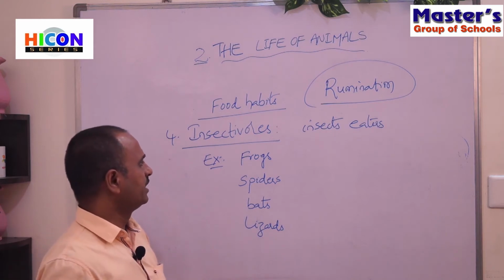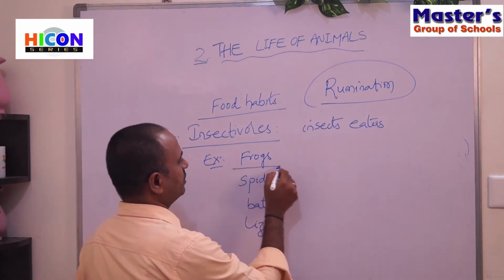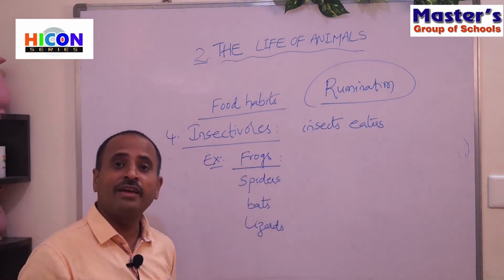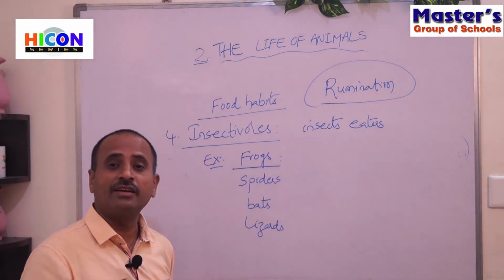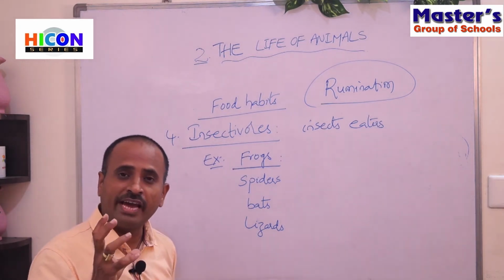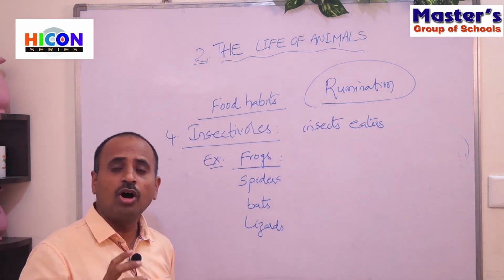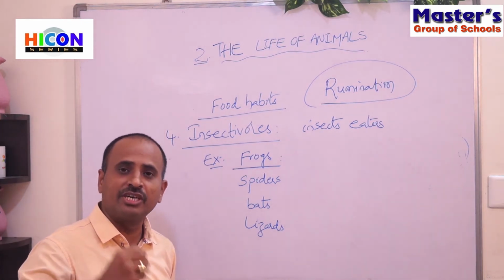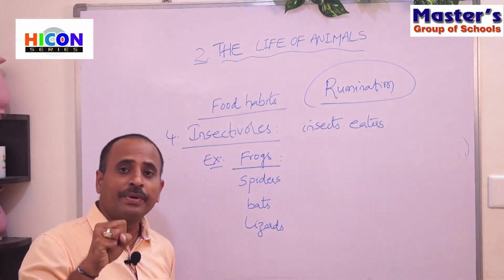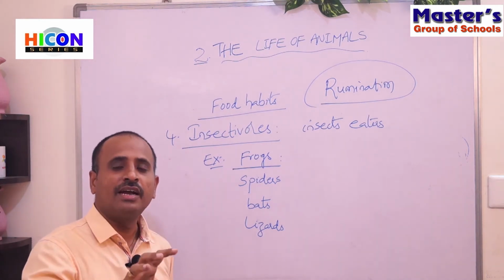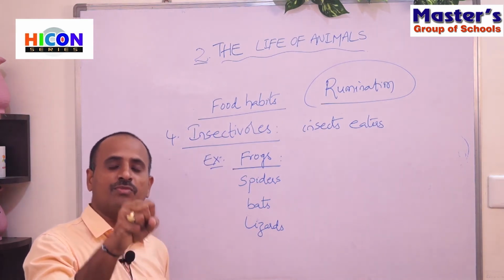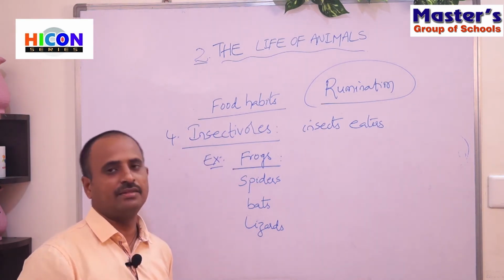Especially frogs have a tongue which is very sticky. If they want to catch the prey, they move out their tongue with a jerk towards the prey. The prey sticks to its tongue, and the frog immediately pulls its tongue into its mouth and swallows the prey.